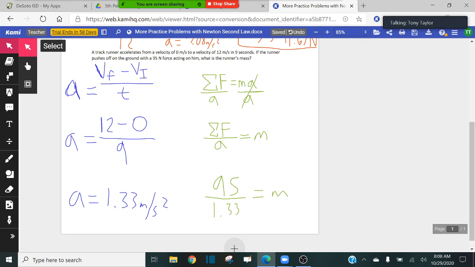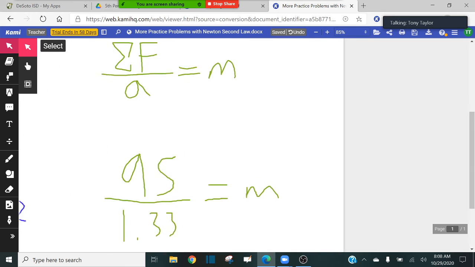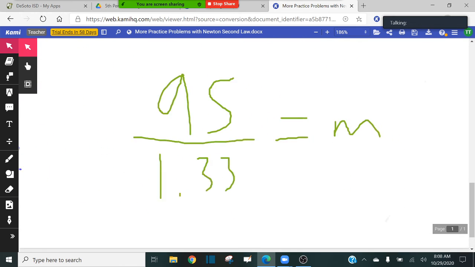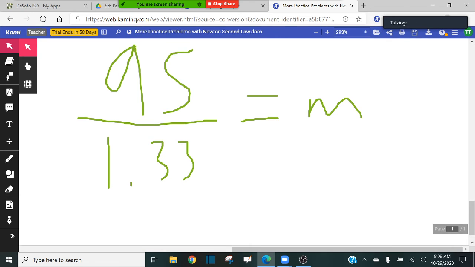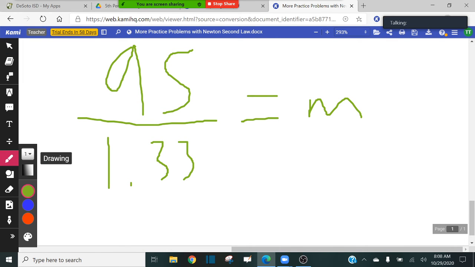71.43. Let me see here. So my mass, let me write that down here. My mass is equal to 71.43.